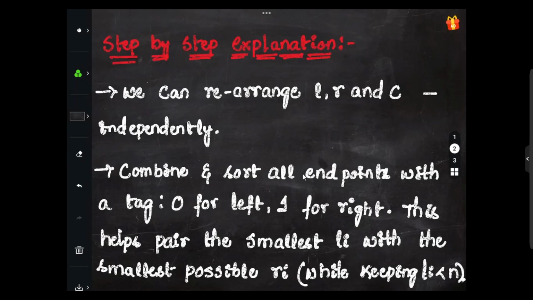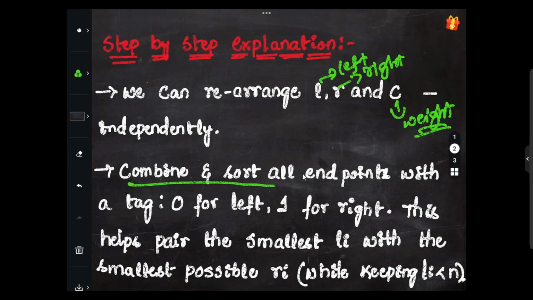First thing is we can rearrange L, R, and C independently. This one is the left part, this is the right part, as we are dealing with an intervals problem, and this is the weight, C. We can rearrange left, right, and weight independently. Then we can combine and sort all the endpoints with a tag.